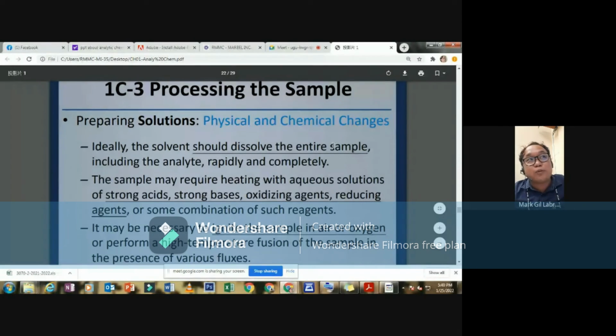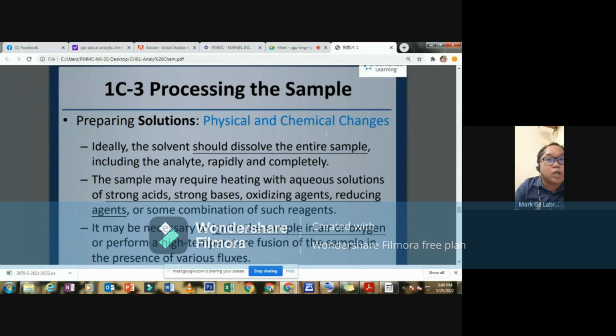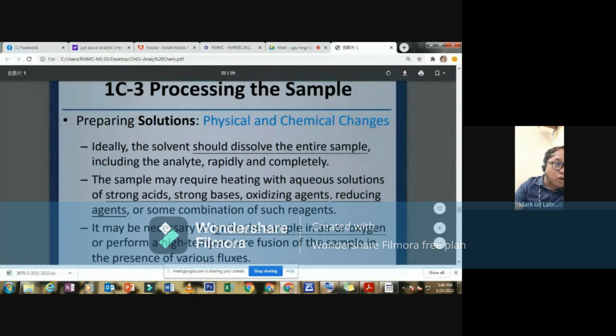Halimbawa, when you mix, for example, gusto mo lang i-try talaga yung concentration between blood and water, so ihalo mo siya. So hintayin mo talaga, no? The sample may require heating with aqueous solutions of strong acids, strong bases, oxidizing agents, reducing agents, or some combination of such reagents. So it requires heating kung gusto mo talagang makuha, kung may acid siya, is it strong acid?